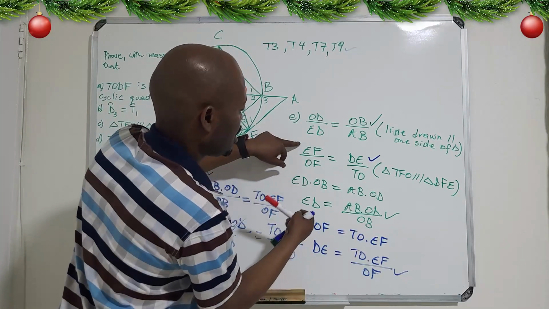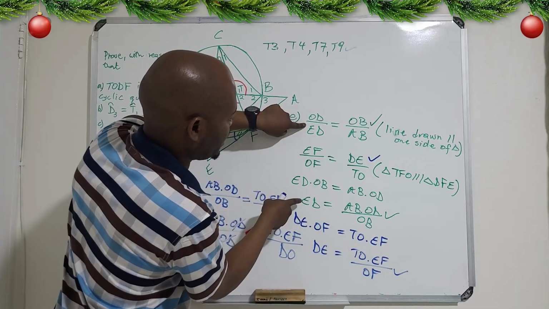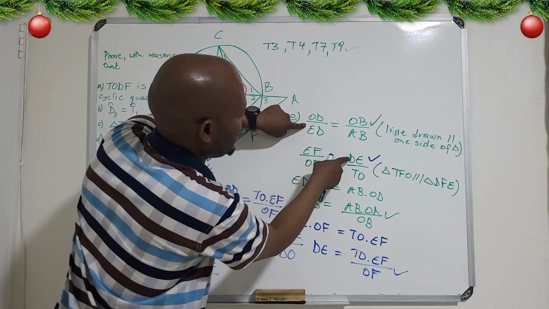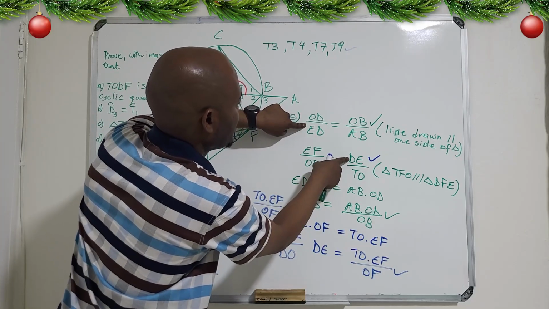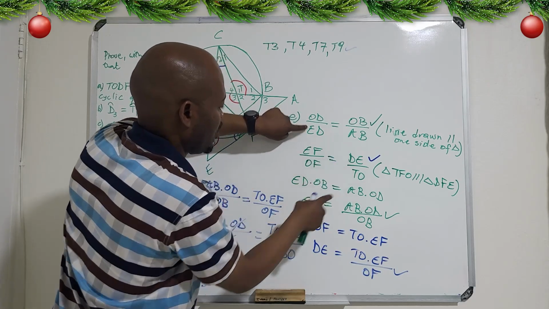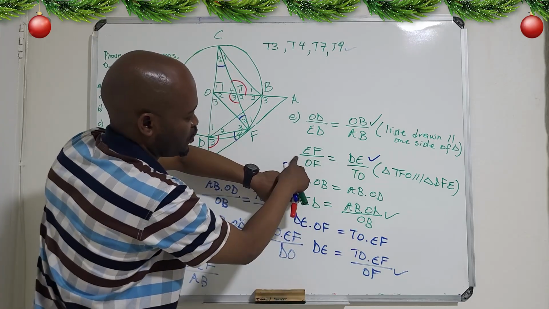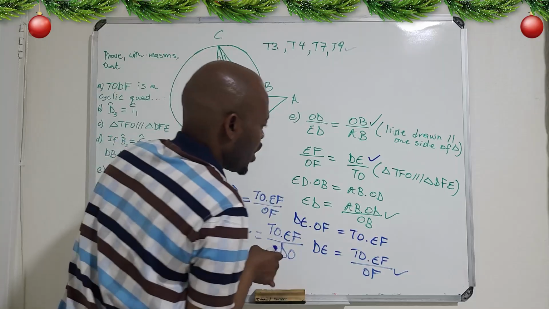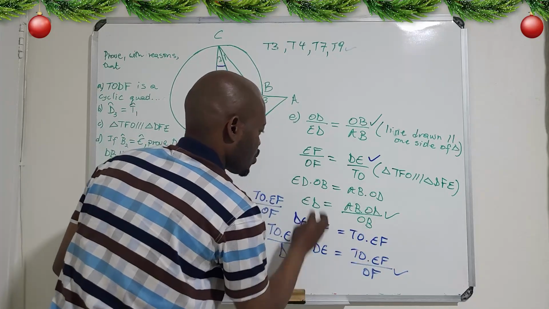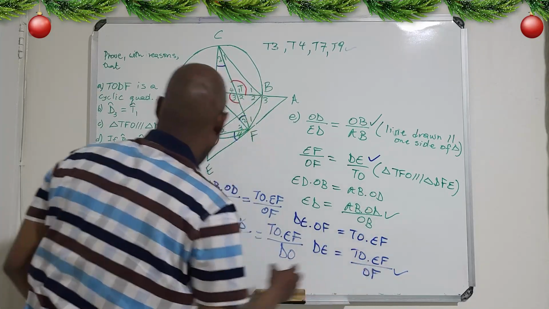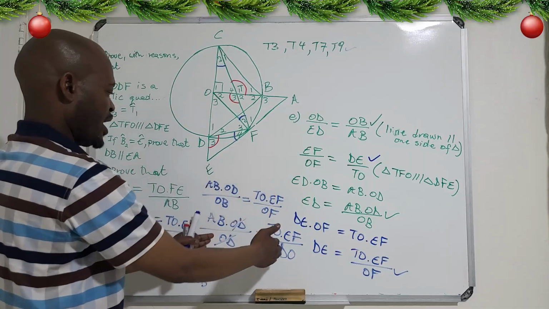Since here I've got ED and here I've got ED or DE, I can make ED the subject of the formula there and also for this one. Then I equate the two, since they both equal DE.